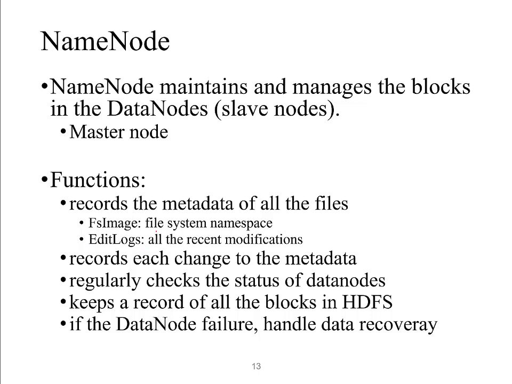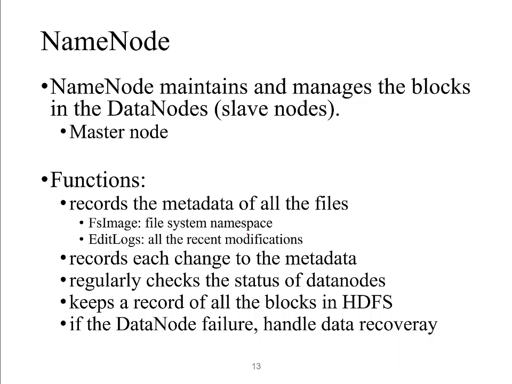So FS image contains the complete state of the file system's namespace ever since the start of the name node. So what is a file system namespace? It is the tree structure of a file system.